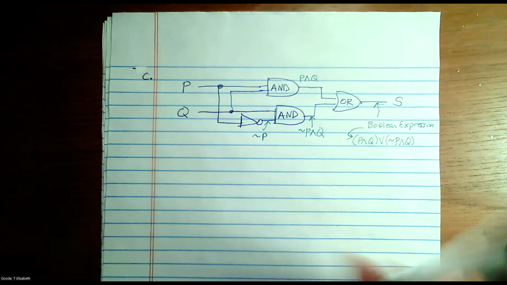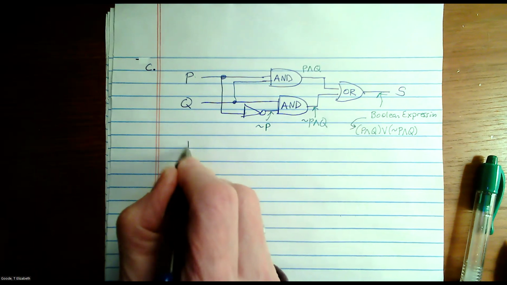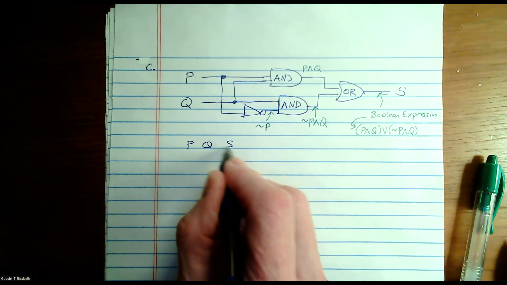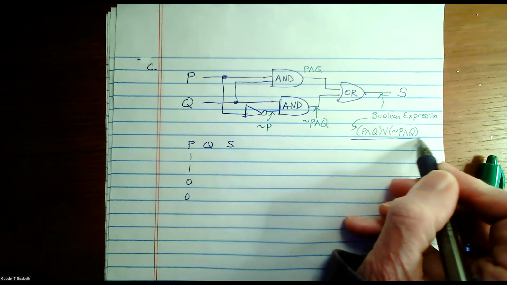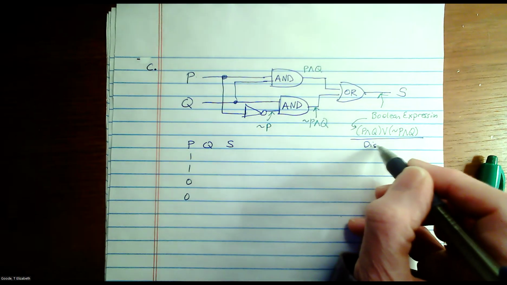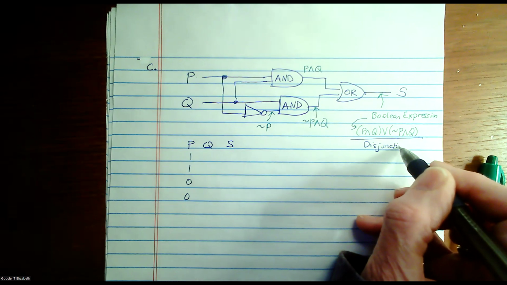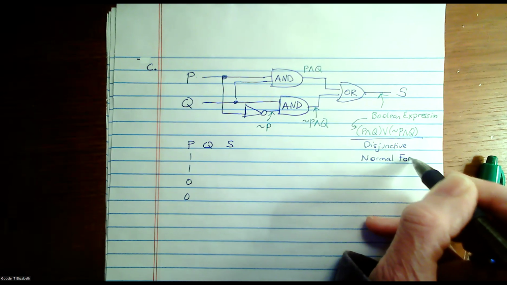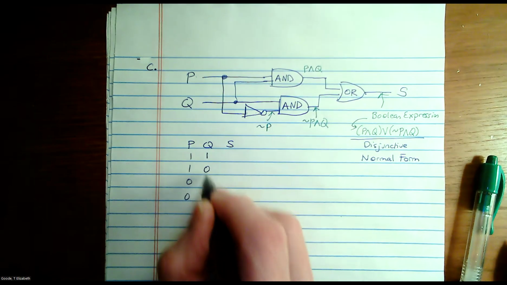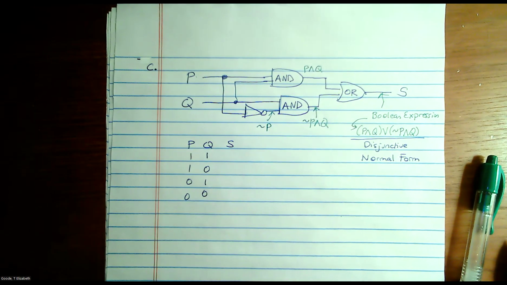Yep. So you can make your I/O table directly from this expression because it's in disjunctive normal form for two variables, P and Q. Where would the ones go?